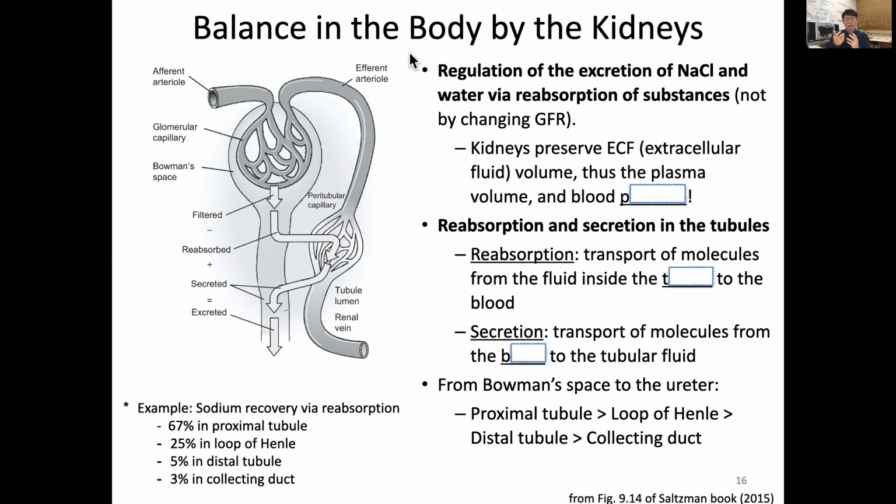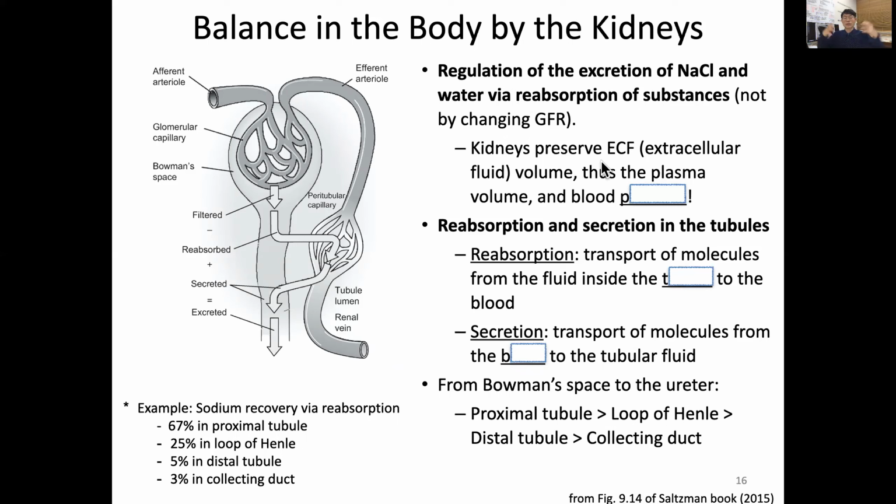Now we can think of the balancing function of the kidney in the body. The kidney not only filters, it regulates the excretion of sodium chloride and water. We already saw that by reabsorption of substances, the kidneys preserve extracellular fluid volume.